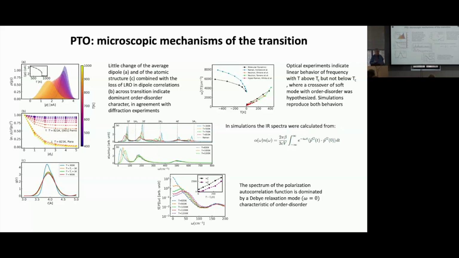So locally in the symmetric phase, the average position of the atom is still distorted with respect to the perfect cubic phase. So this is consistent with those results.